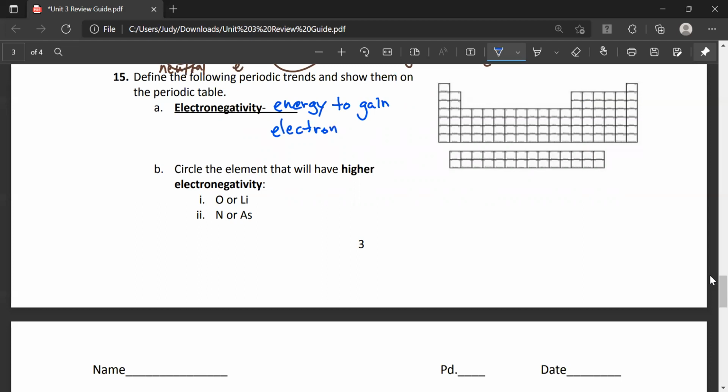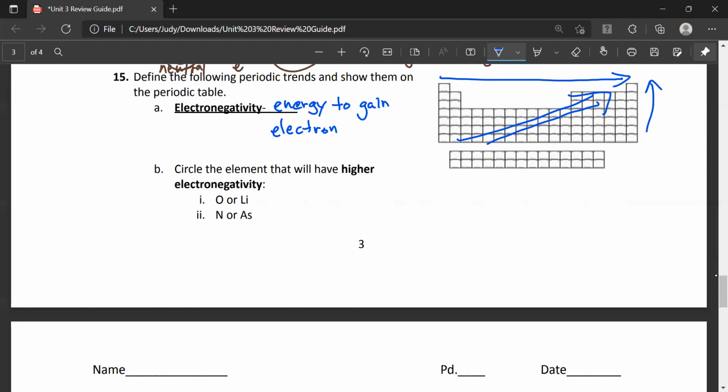Now for the test, I'm not going to explain or ask you guys a specific definition of it, but I just want you guys to know the trend. So we know as we go from left to right or bottom to top, it increases. This would be another way as well, going top right diagonally up. That would be another way to remember.